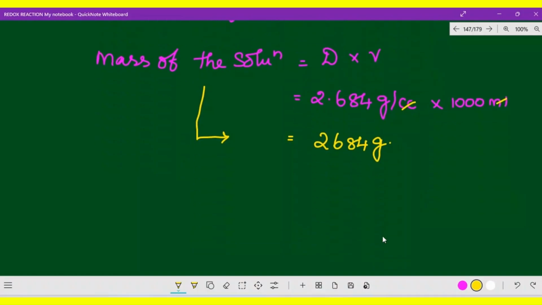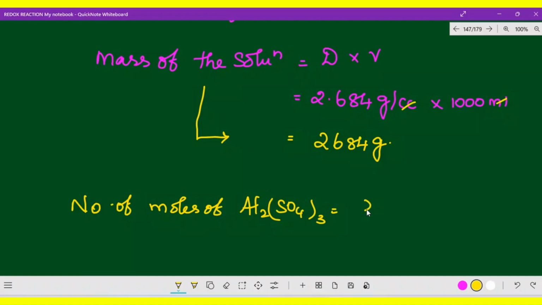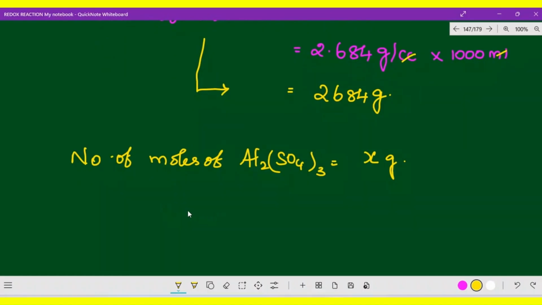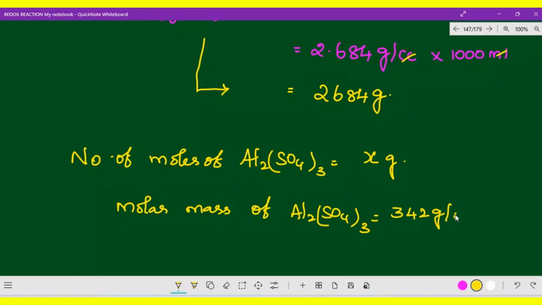Now the number of moles to identify. So the number of moles of aluminum sulfate, Al2(SO4)3. Just imagine this is x gram. Now, the molar mass of Al2(SO4)3, you know, is 342 gram per mole.